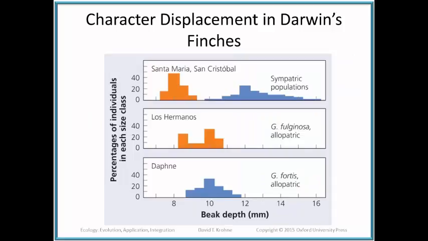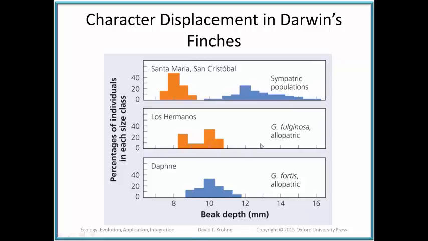Here's a good example of this. These are Darwin finches on the Galapagos Islands. The bottom two graphs here are looking at the length of the beak versus the number of individuals that have that particular length of beak. And so they were organized into categories, into size classes.